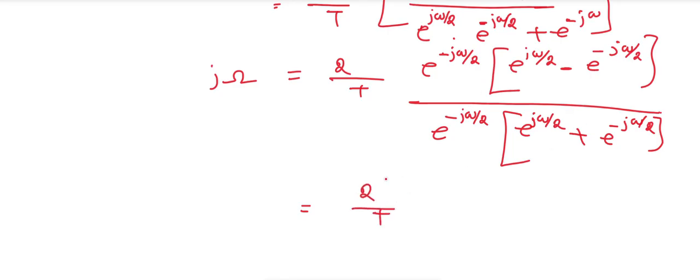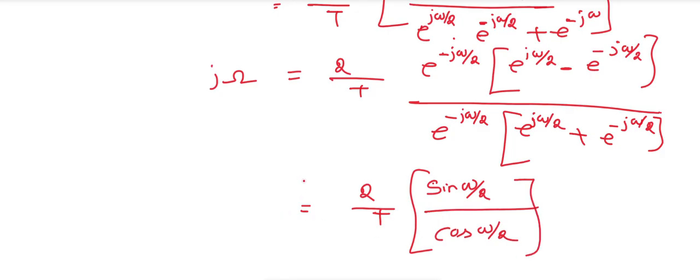So this will be sin omega by 2 and cos omega by 2. So 2j, you substitute the trigonometric formulas, finally you get sin omega by 2 divided by cos omega by 2.